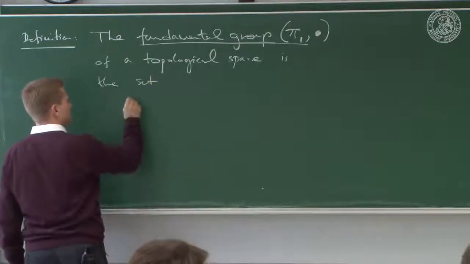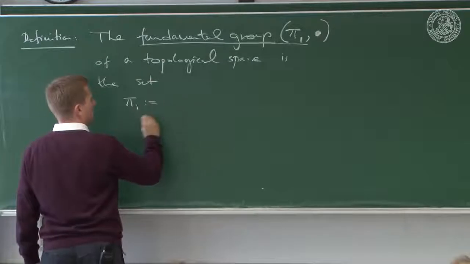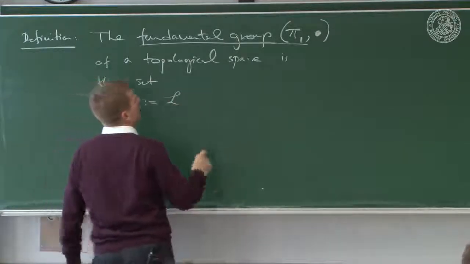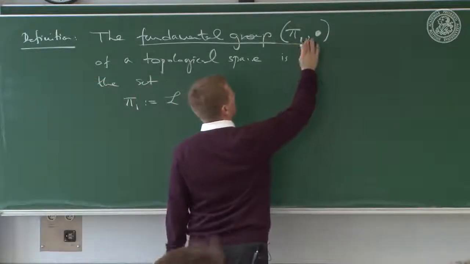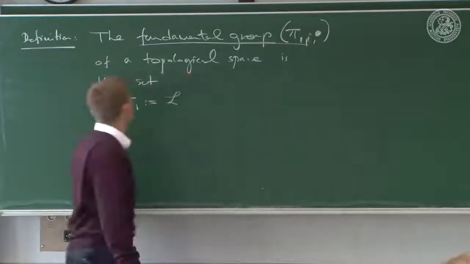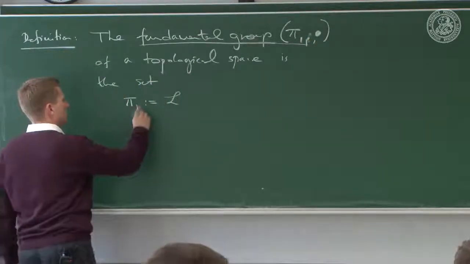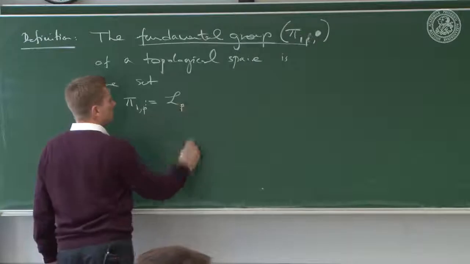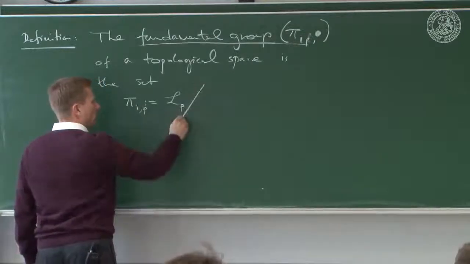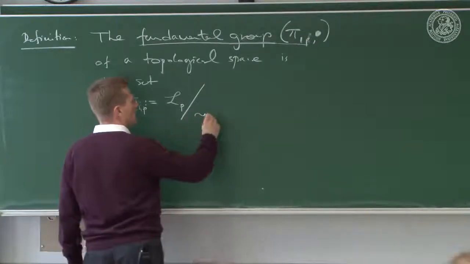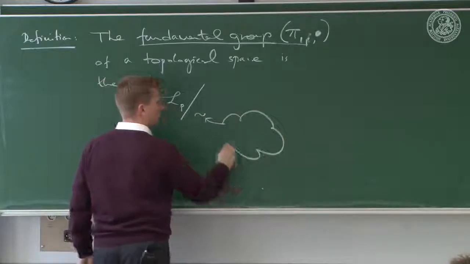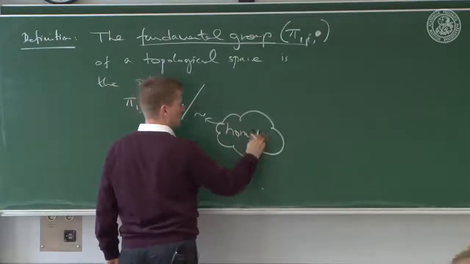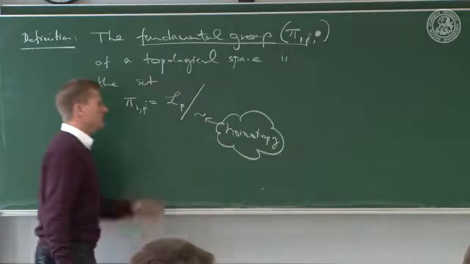Well, what's the set? It's the set pi 1, well, it's the fundamental group at a point, to be precise, at a point. It's the set pi1 at a point. It's the loops at that point. Quotient space, the homotopy. Intuitively, it's very clear.